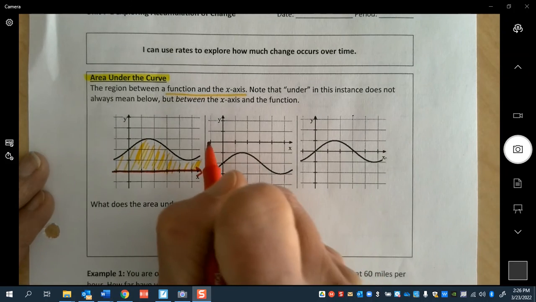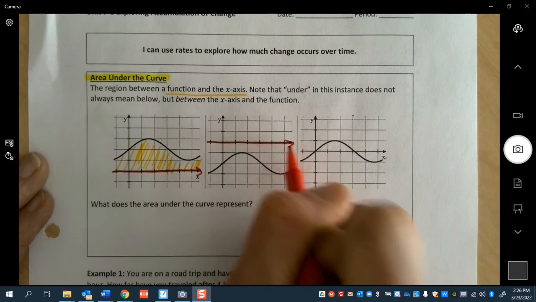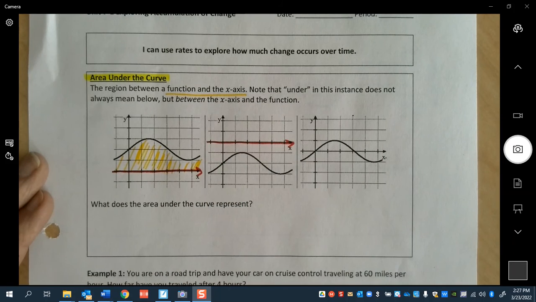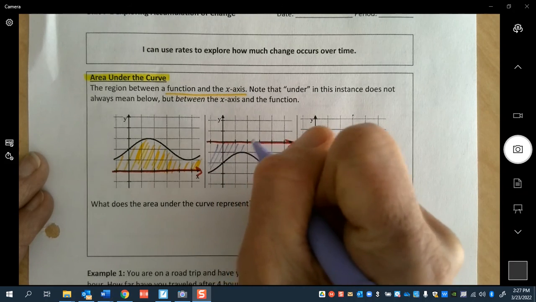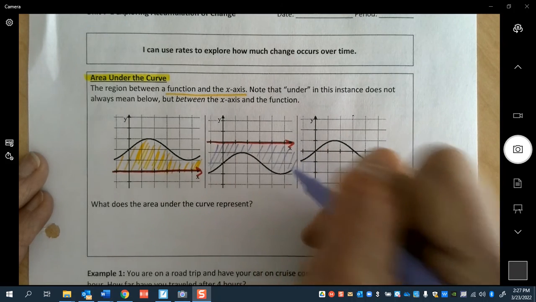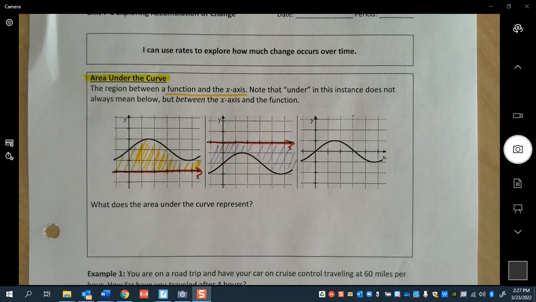The important conversation here is when we talk about the area under the curve, we're actually talking about this area that's between the curve and the x-axis. So if you remember from pre-calculus, when you were measuring angle measures, they always had to come from the x-axis.